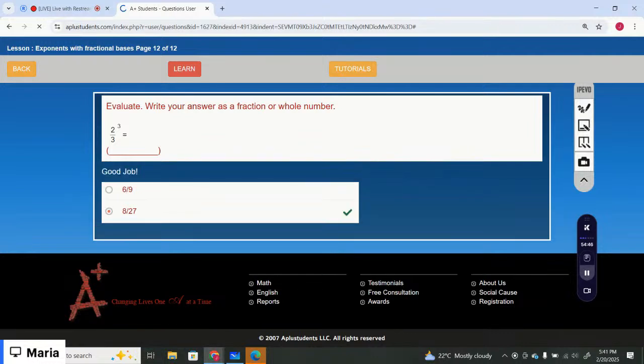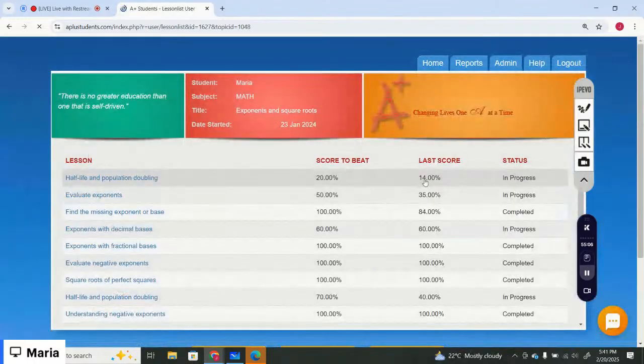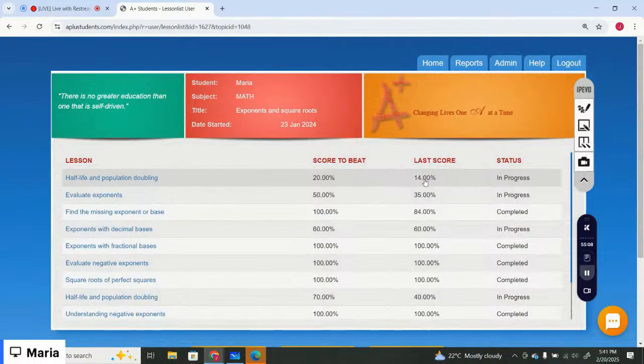So we were working on grade 6 math. The chapter we were working on is exponents and square roots. The lessons we have covered today are evaluate exponents, find the missing exponent or base, exponents with decimal bases, and exponents with fractional bases.